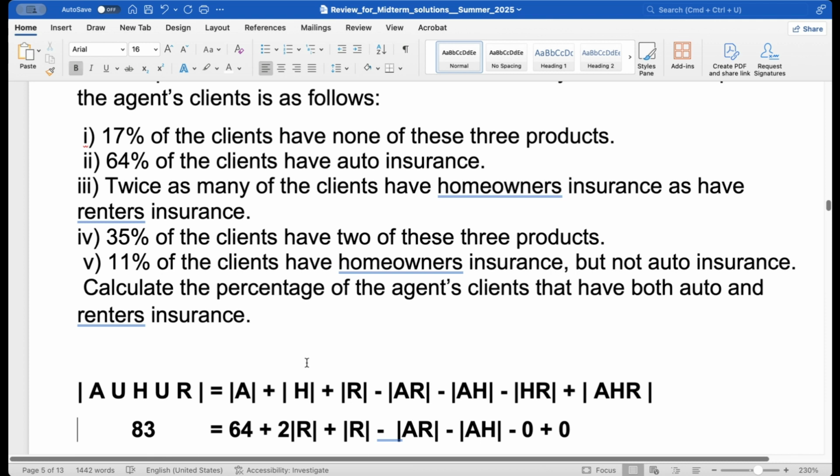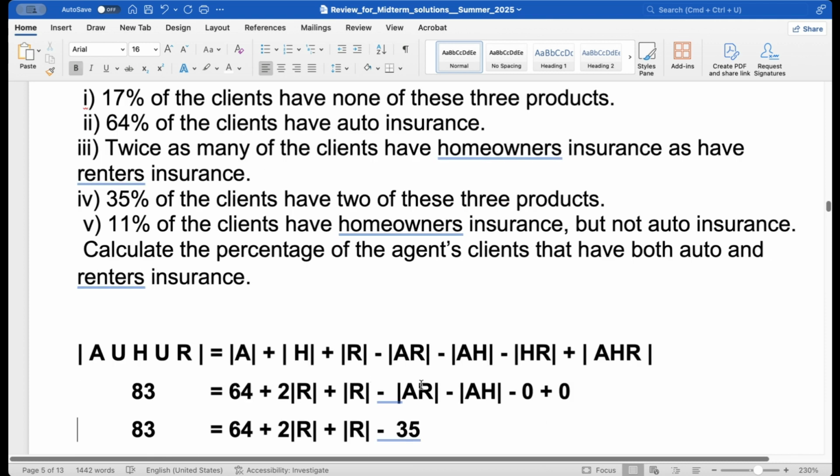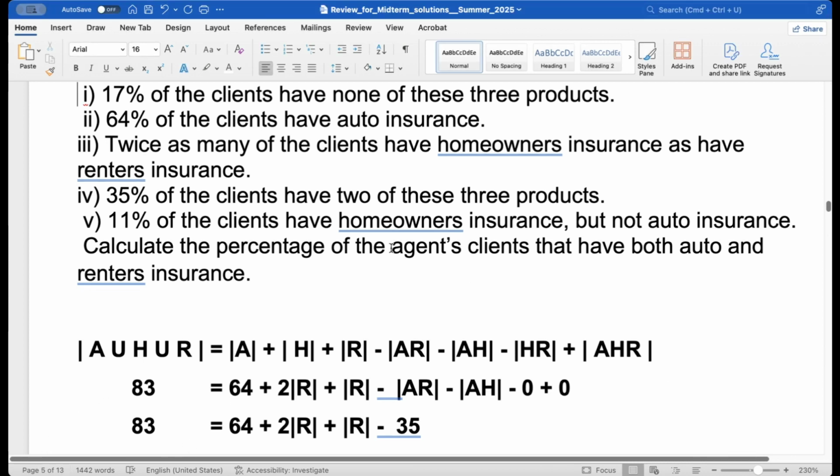So on the right hand side, we have that 35% of the clients have two of the three.